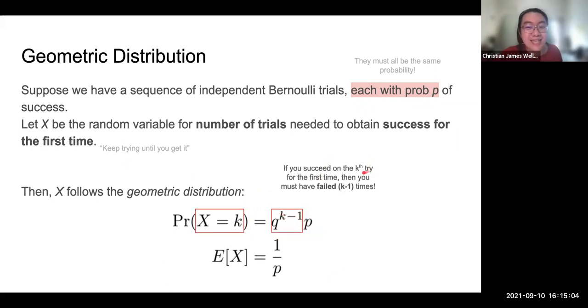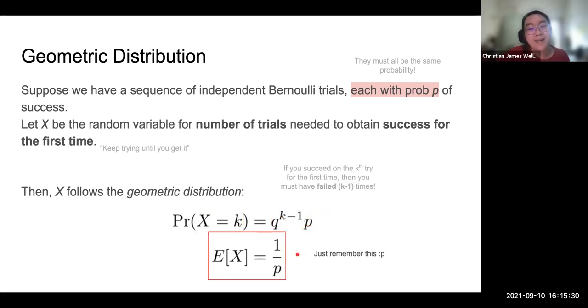Succeeding on the Kth try for the first time means that you failed K minus 1 times, then finally you succeed. For example, K equals 5. Then that means you must have failed, say, a coin flip 4 times, fail, fail, fail, fail. Then finally you succeed with probability P. So this is how the geometric distribution is defined.